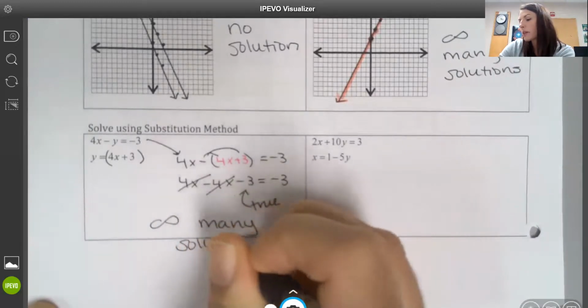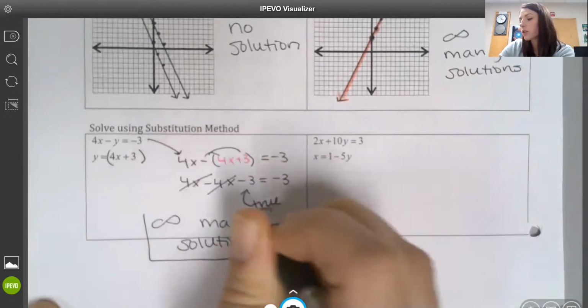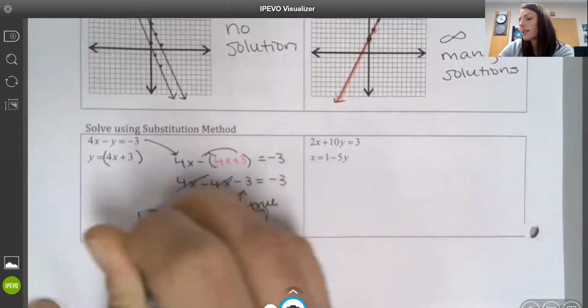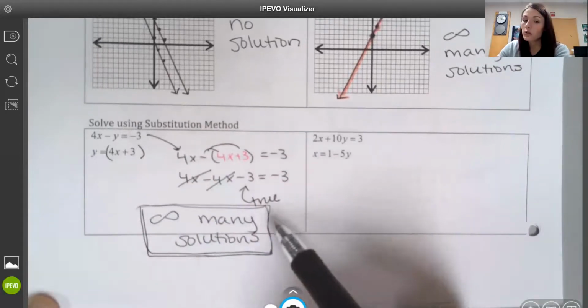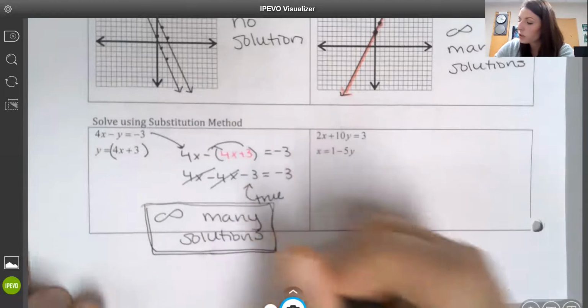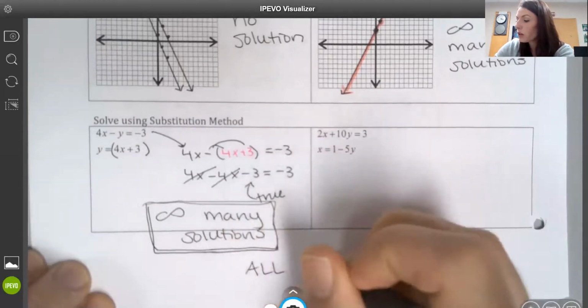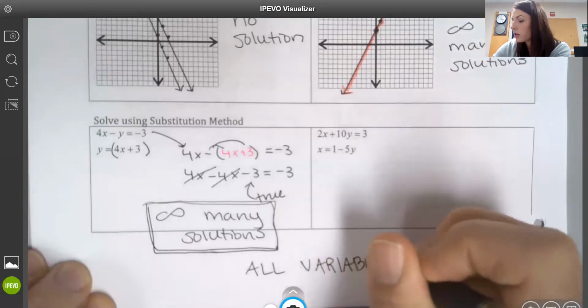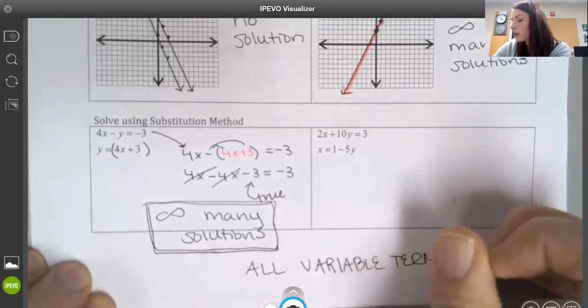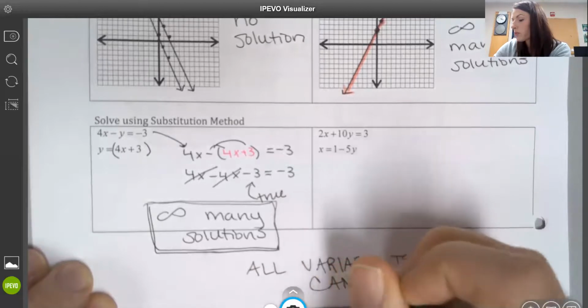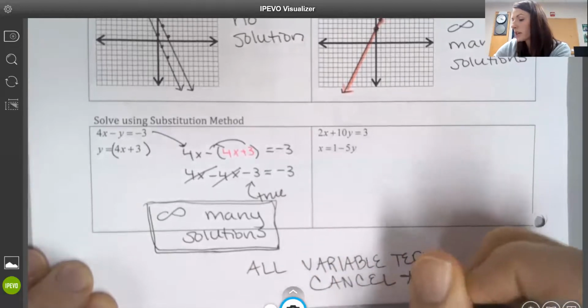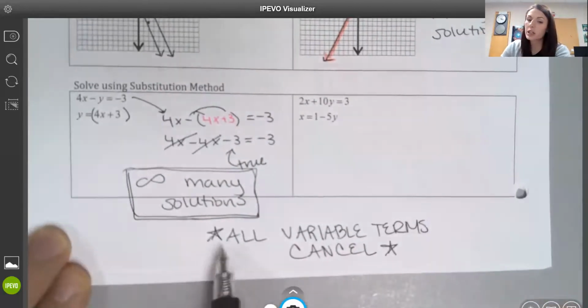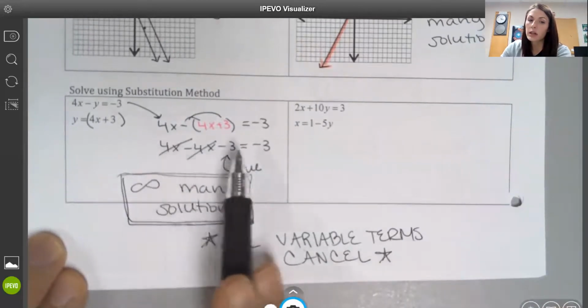So just like when we had the special cases when we were solving for a single variable back in unit 1, same kind of idea: if I solve and all of my variable terms cancel, then in order for it to be a special case, if I'm solving algebraically, all of the variables cancel. So I have no variable left.